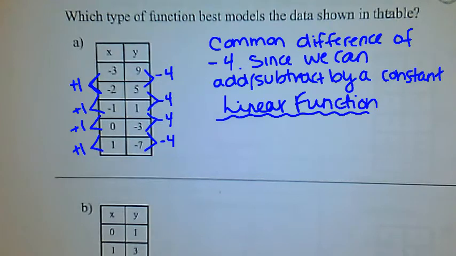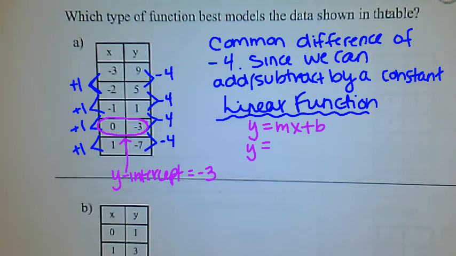What we can also do is write down the function's equation. If I look over here, this is the y-intercept. Since it's linear, remember it's going to be y equals mx plus b. I know that the y-intercept equals -3.